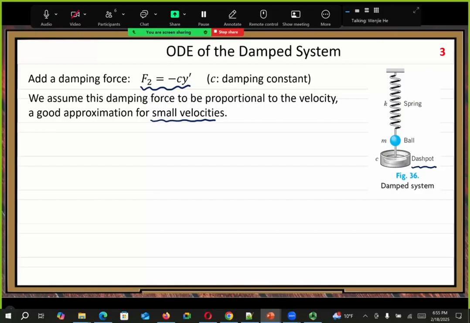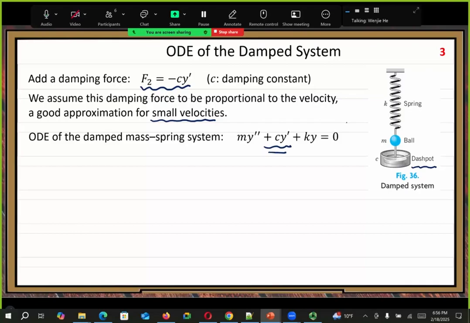Then we need to modify our previous undamped system by adding this F2 into the equation. So now the ODE of the damped mass spring system: you need to add this term on the right hand side.